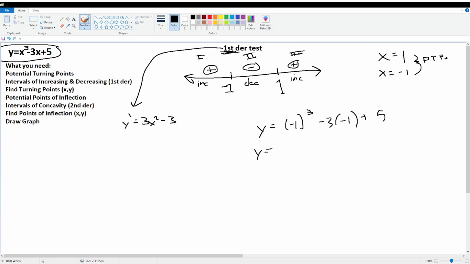And we get y equals negative 1 plus 3 plus 5, y equals 7. So let's write that here. Negative 1, 7. That's one of our turning points. And then we're going to plug in 1 for this. We get y equals 3.